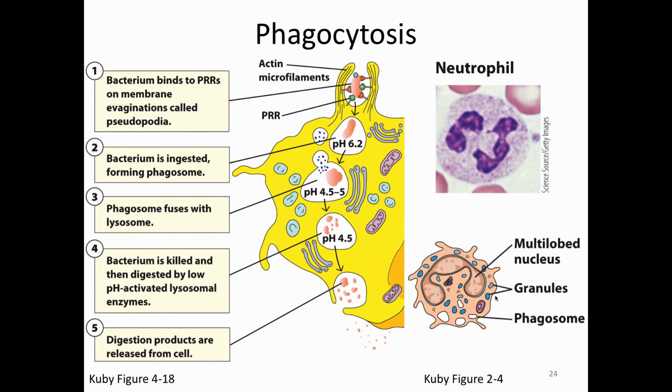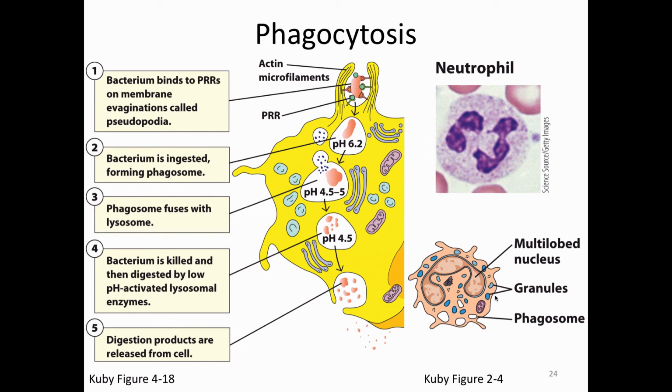You can see that there's some type of binding between the microbe and our phagocytic cell, and we're going to have rearrangement of the membrane along with some actin to actually envelop that microbe. We're going to make a new vesicle as a result of that phagocytosis process. That vesicle is going to be called the phagosome because it got made as a result of phagocytosis.